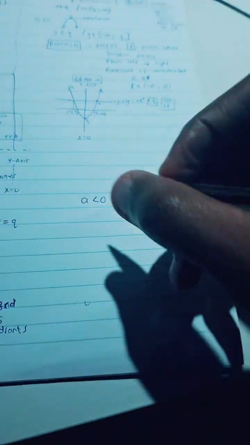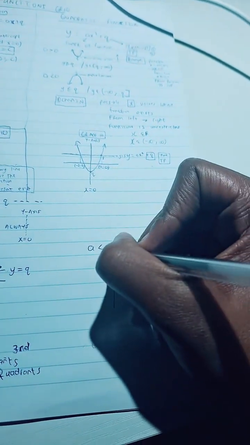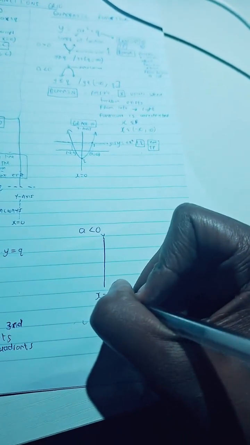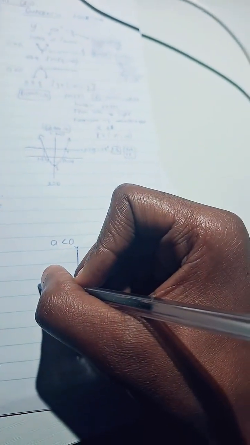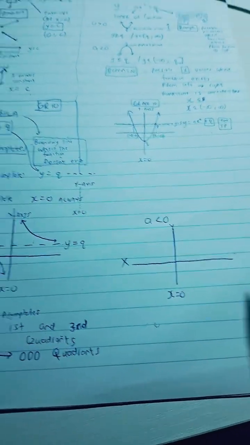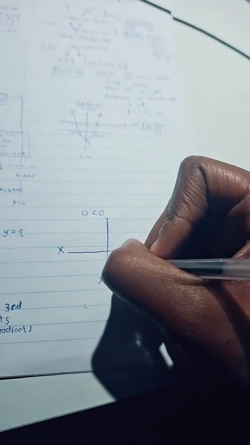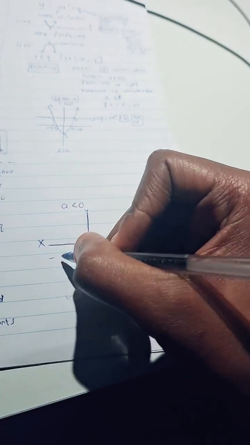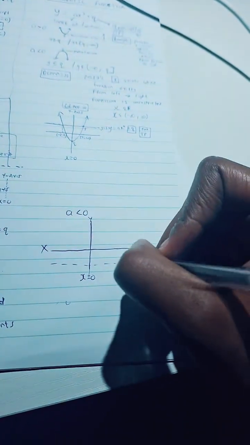So when a is less than 0, guys, again, we know our y-axis is going to be our vertical asymptote. If you have your x-axis, obviously your x-axis, but remember, guys, you always check where is your q value. If it was negative, then obviously we are talking about a q value that is negative. It would be below the x-axis.